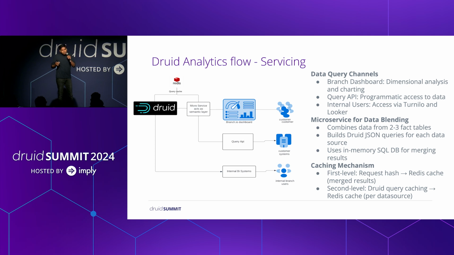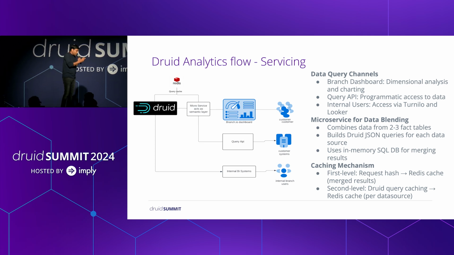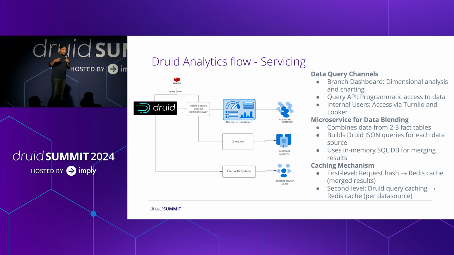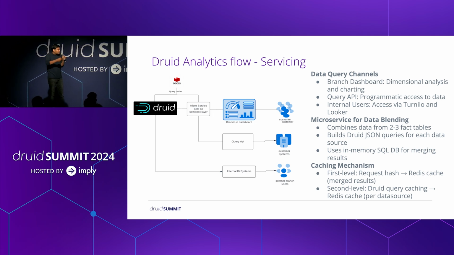The measures might belong to multiple fact tables, so we need to pull data from multiple data sources in Druid. So the microservice finds out which fact tables it has to query, frames the queries separately, and submits the individual queries to Druid in parallel and gets back the results. Then we load them into an in-memory SQL database, do the final aggregation, and the aggregated result is sent back to the dashboard.